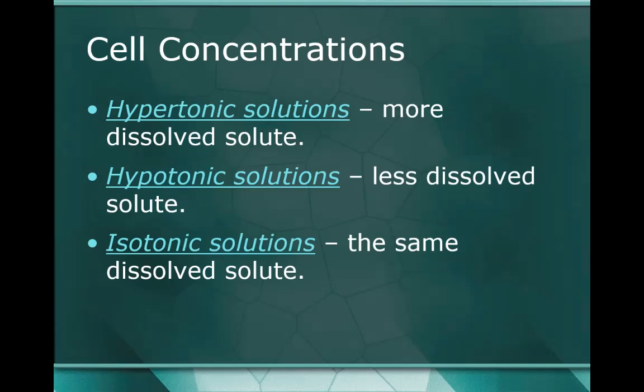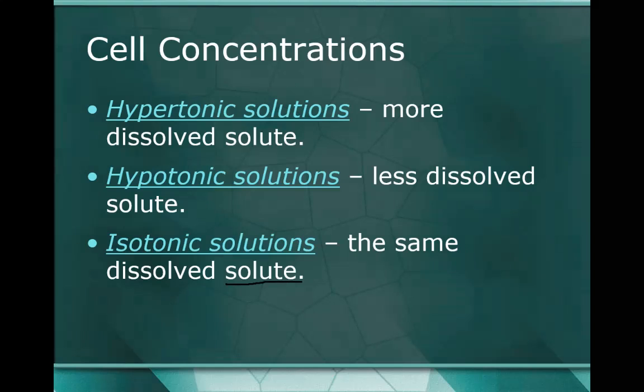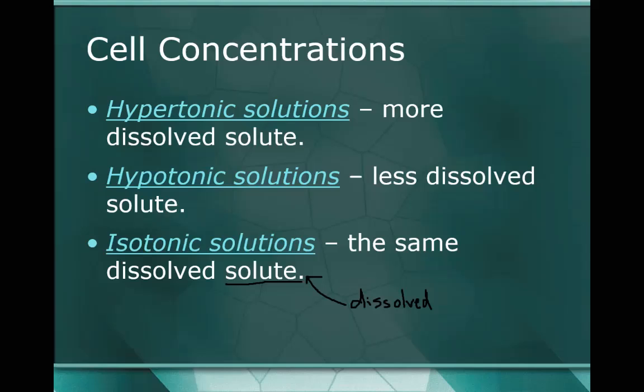When we look at this, we've got this term solute. Solute is what's being dissolved. This is why this ends up being so important. The solute is going to be dissolved into the solvent.